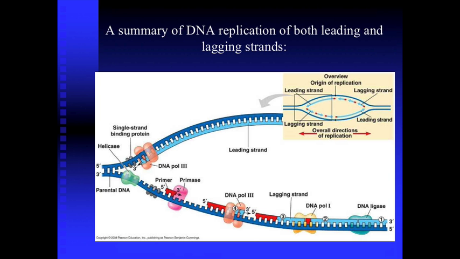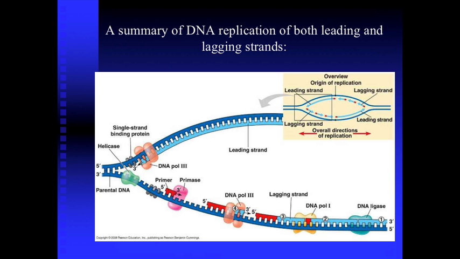But on the other half of the replication bubble, you're going to have to use Okazaki fragments there, aren't you? Beginning at that point of origin, you've got a leading strand on one side of the origin, and on the other side of the origin on that same strand, that is a lagging strand built in pieces. First this one, then this. And then likewise on the opposite side. Here we have Okazaki fragments, here we have a leading strand.